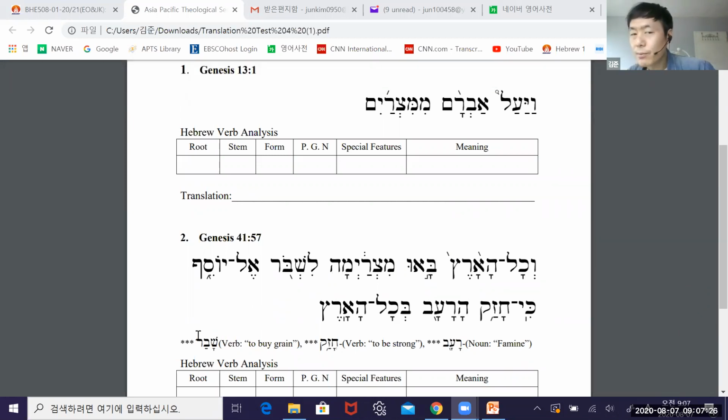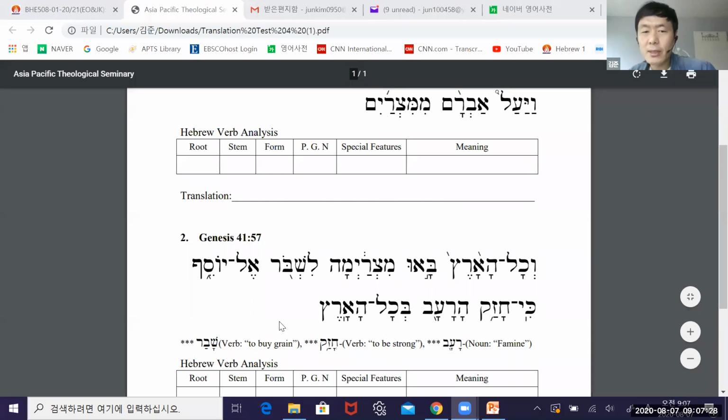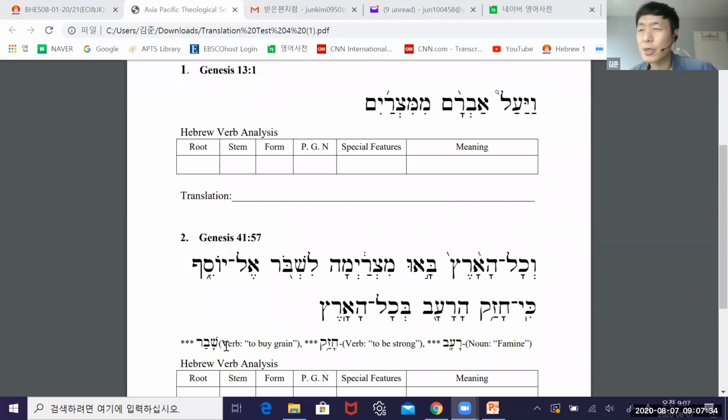quiz 2. You have quite a long sentence here, but pay attention to the 3 words, which are quite new. That's why I need to give you the meaning here. The first one is shabar, and then it's a verb. So to buy grain. So you need to expect this word appearing in the sentence.